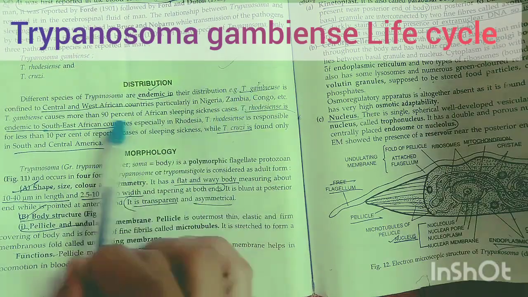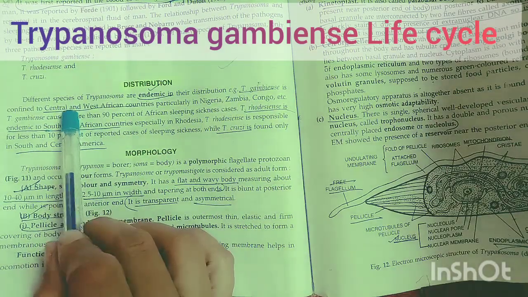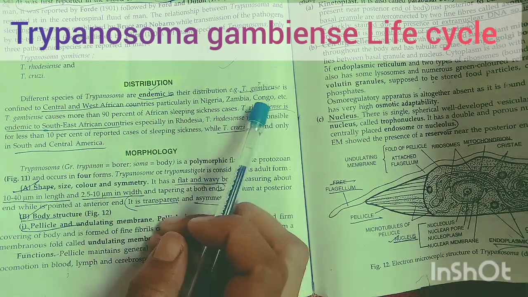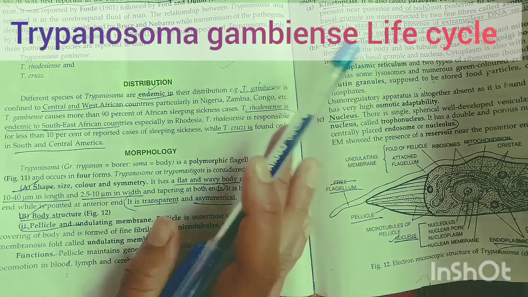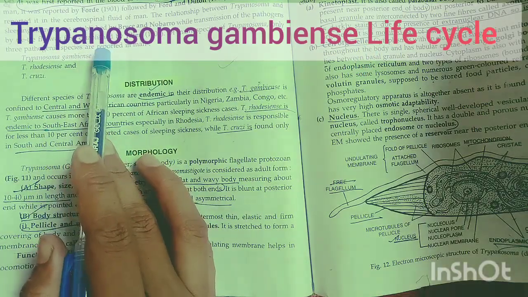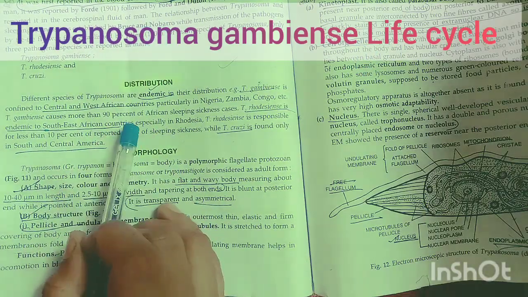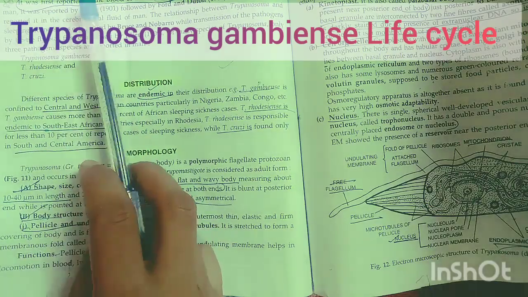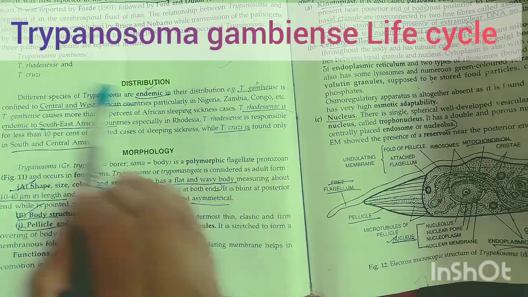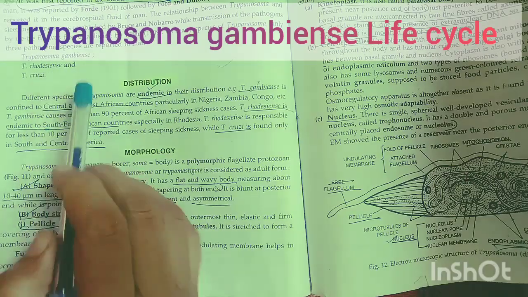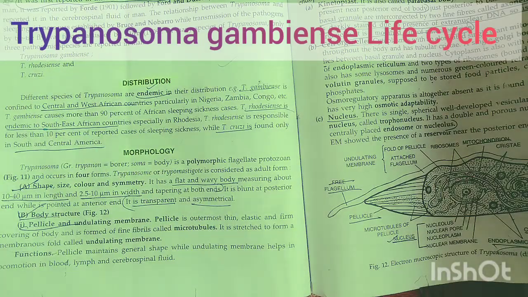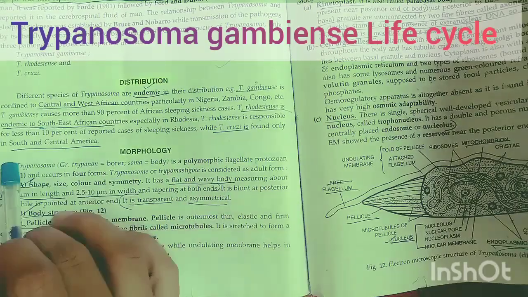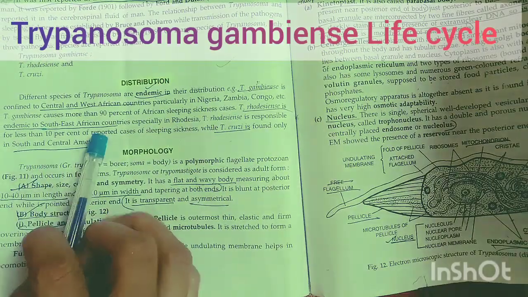Trypanosoma gambiense is found especially in central and west African countries like Nigeria, Zambia, Congo, etc. Trypanosoma gambiense causes more than 90% of African sleeping sickness. Rhodesiense is endemic to the southeast African countries, and T. cruzi is found in South and Central America.